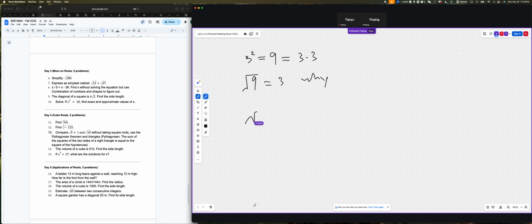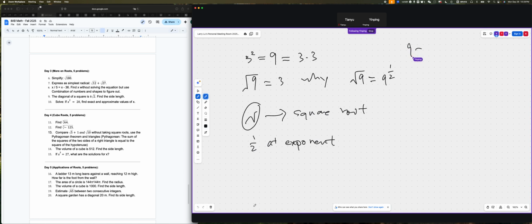This sign is a square root, which basically means power half. So I can rewrite 9 as 3 squared, power half.